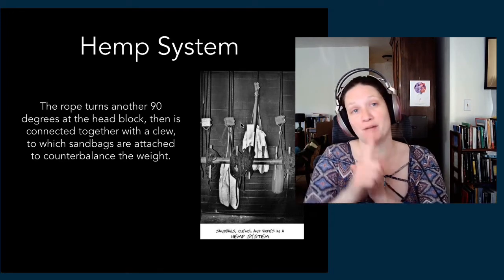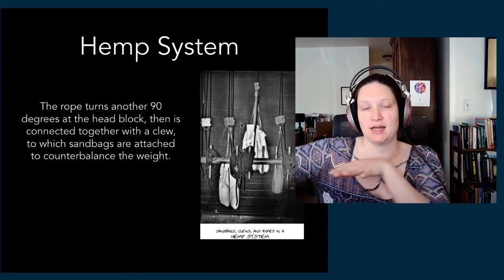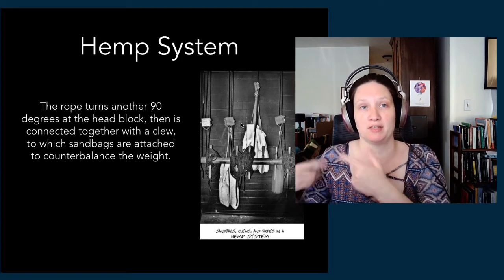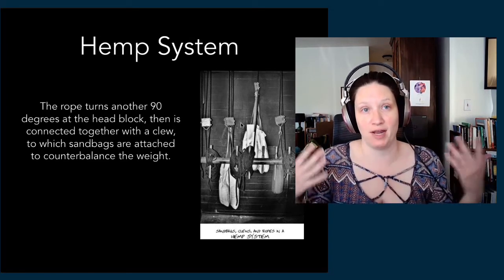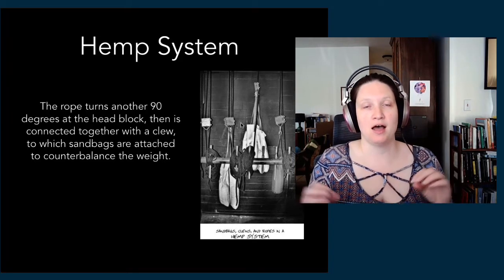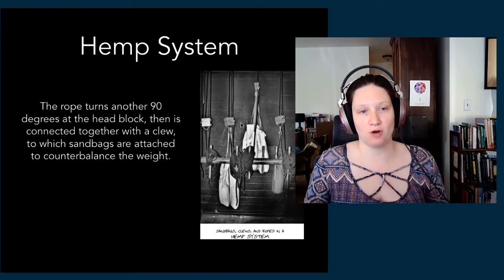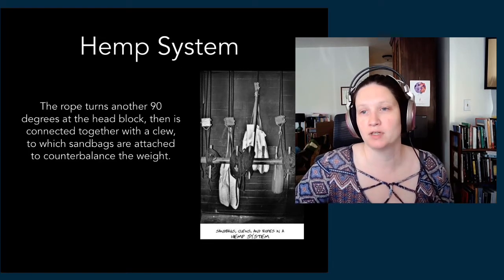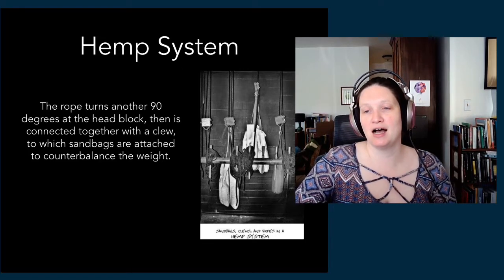This allows one person to move that entire pipe system rather than needing the strength of as many people as it takes to actually lift that weight. So this is an early counterbalancing system that allows us to work more efficiently as we're raising and lowering things on stage. I hope that makes sense.